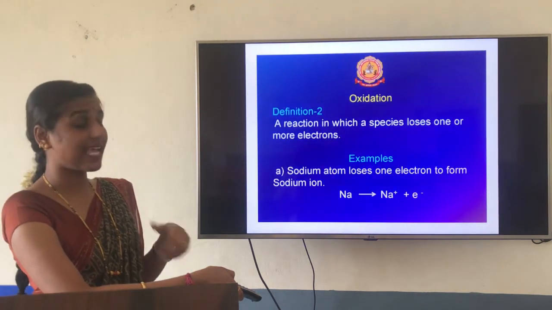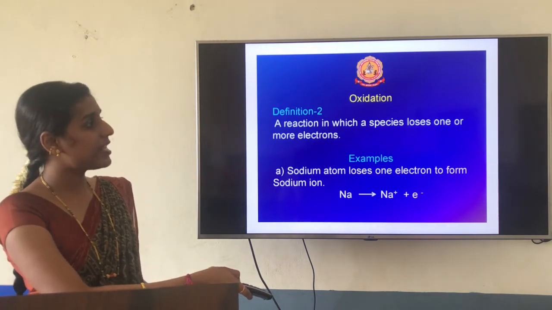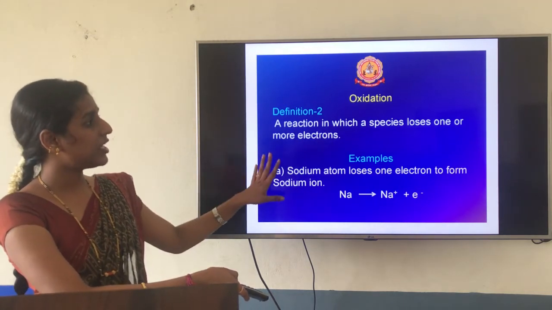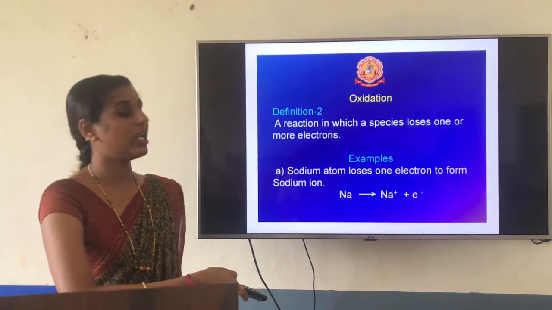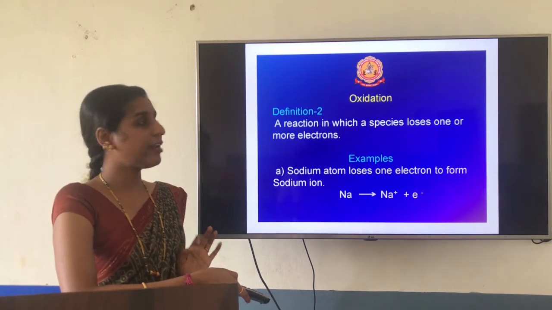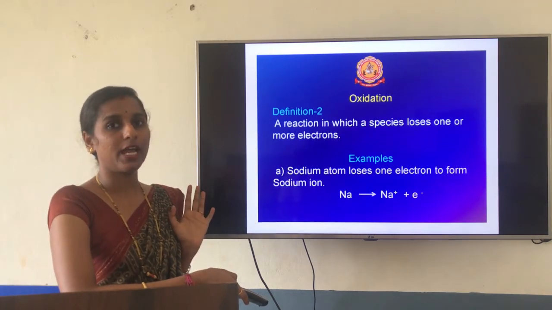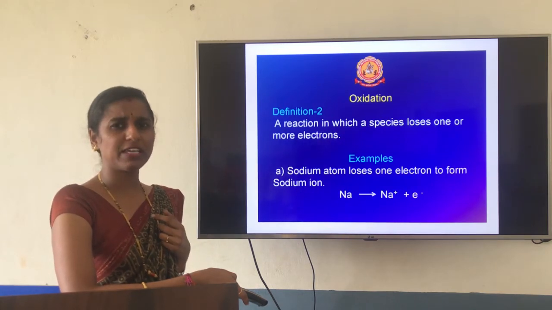Now we will go with the second definition, as I said, based on electron. Based on electron, oxidation is nothing but the species losing one or more electrons. So losing of electrons goes with oxidation, based on the number of electrons, so it can be one or more.